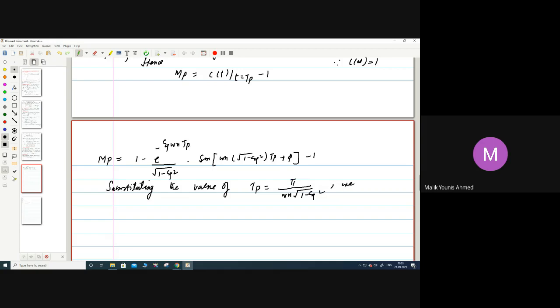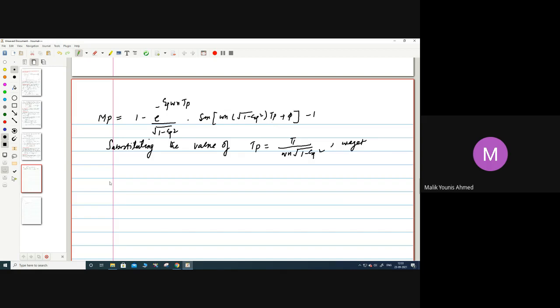So what we are going to get above, we have to substitute it in this equation. So 1 and 1 gets cancelled. Maximum overshoot will be, 1 and 1 gets cancelled. So we'll be writing minus here, same, e raised power minus xi omega n.